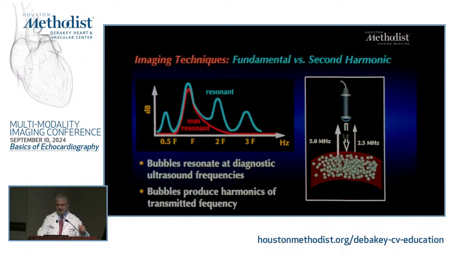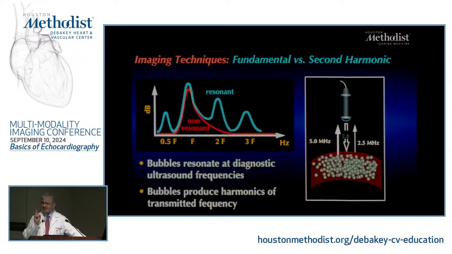So when you say I'm imaging at harmonic imaging, if my transducer is at 2.5 megahertz, I'm listening at 5. Okay? So you could see them there, 2.5. Interestingly enough, it doesn't mean my resolution is higher.